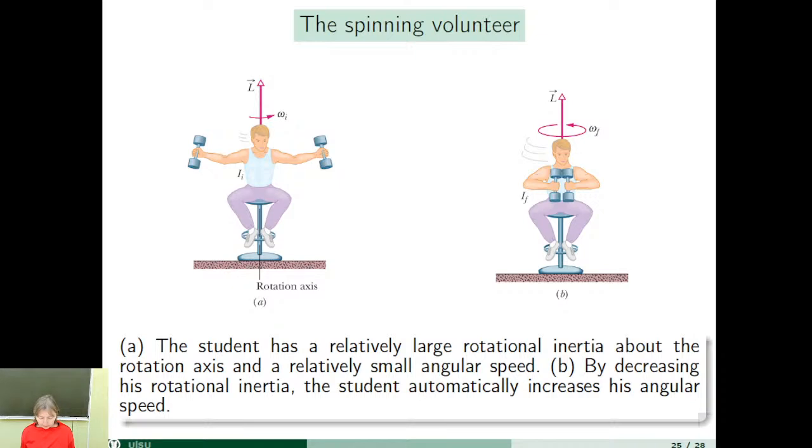Here the subscripts refer to the values of the rotational inertia and angular speed before and after the redistribution of mass.